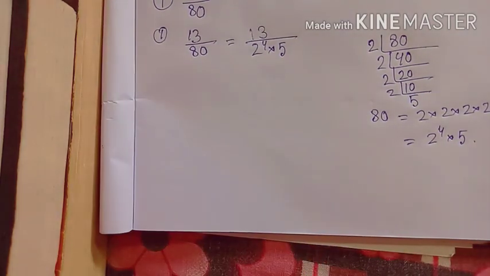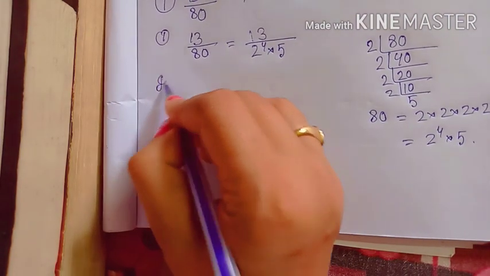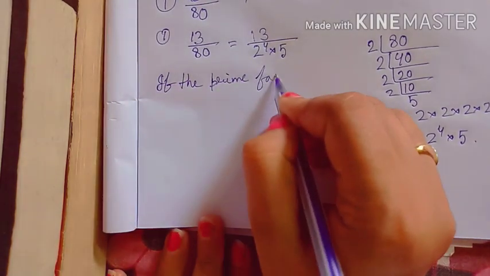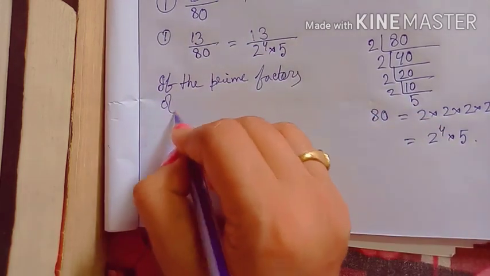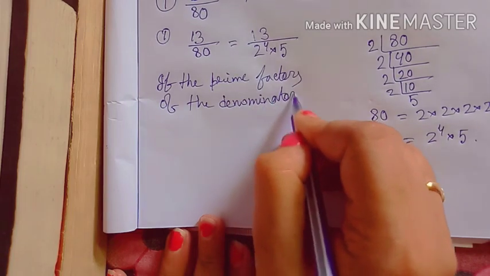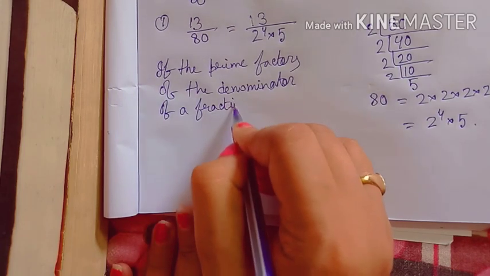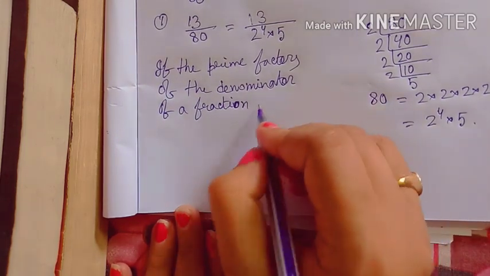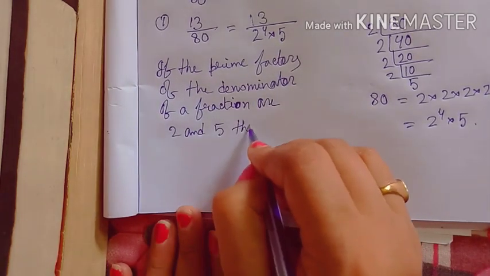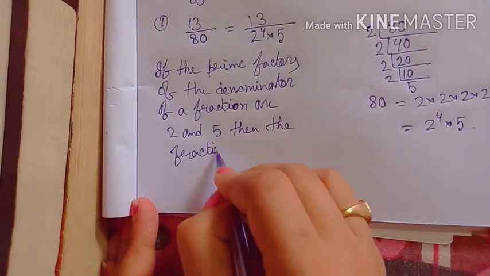Now, as we know, you just have to write the corresponding note. As we know, if the prime factors of the denominator of a fraction are 2 and 5, then the fraction is a terminating decimal.